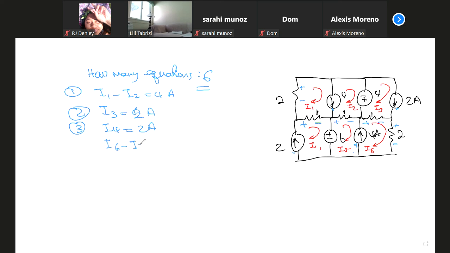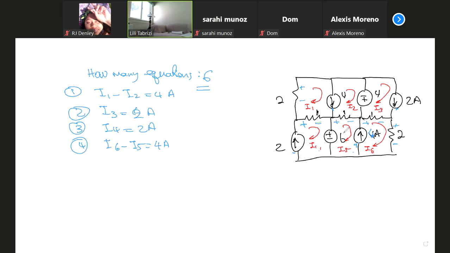Yeah. Equal to what? What's the value of the current source? 4. This is equation 4. Notice that out of 6 equations, we already have 4 very simple equations. So mesh current for this circuit is better than nodal in a way, because we have so many current sources that we can easily generate simple equations.